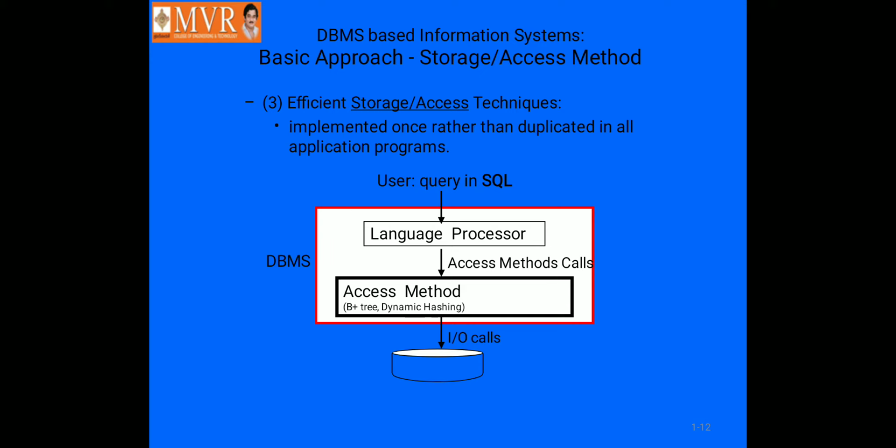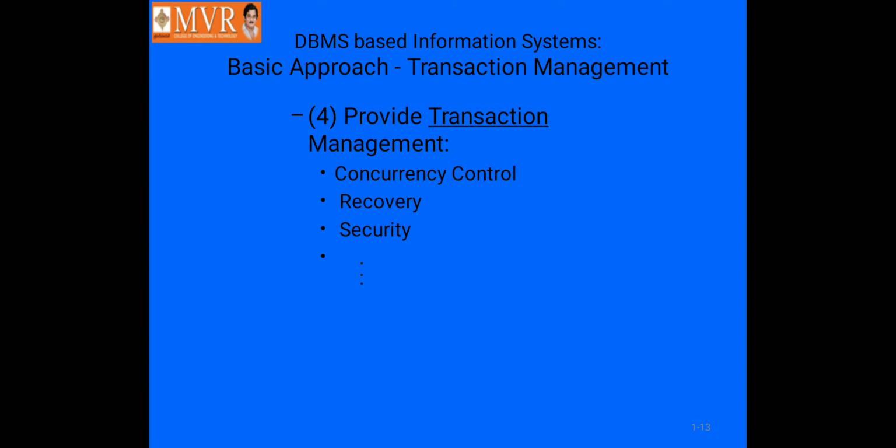A user query in SQL goes through the language processor and the access method, that is, the input output calls. Provide transaction management. Here concurrency control, recovery and security are the tasks we use in transaction management.